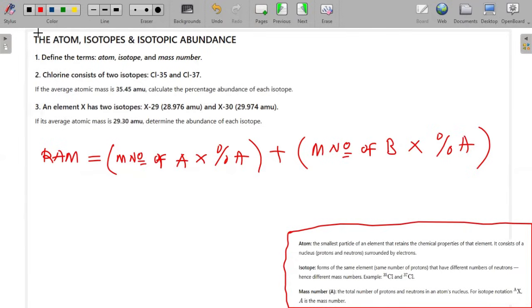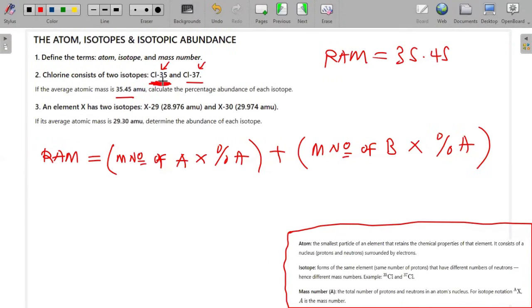Okay, so now look at this question here on 2. They have said chlorine consists of two isotopes, chlorine 35 and chlorine 37, right? So if the average atomic mass is this one, meaning the RAM they have given us to be 35.45, they're saying now calculate the percentage abundance of these isotopes. From this notation, when they say chlorine 35 or chlorine 37, if they haven't given you the mass numbers for those isotopes, then you are going to use those same attached numbers as the mass numbers.